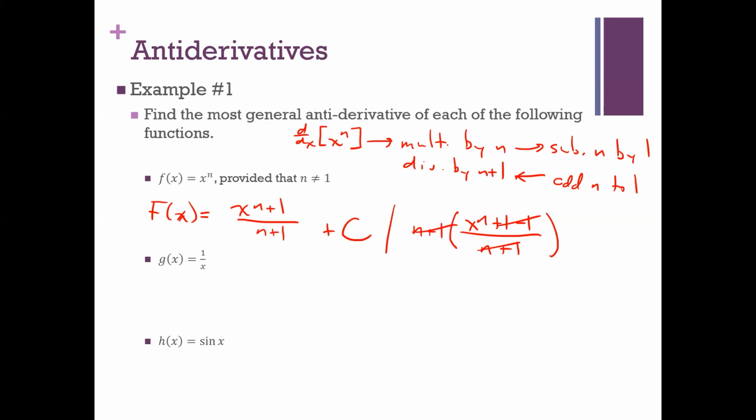All right, so put a caveat here. This only works with the power rule as long as n is anything but negative 1. That should be n equals -1, because this acts differently. Because g of x equals 1 over x, that's essentially x to the -1, right? What's the antiderivative of 1 over x? What's a function whose derivative is 1 over x?